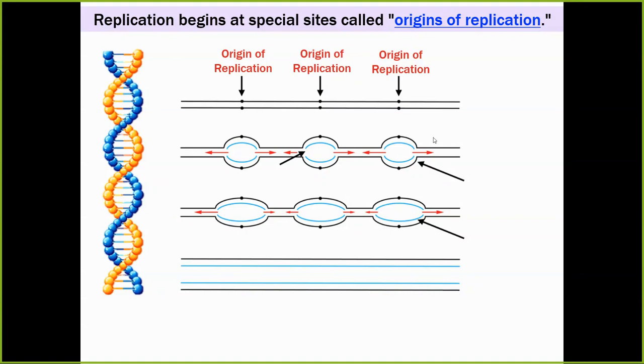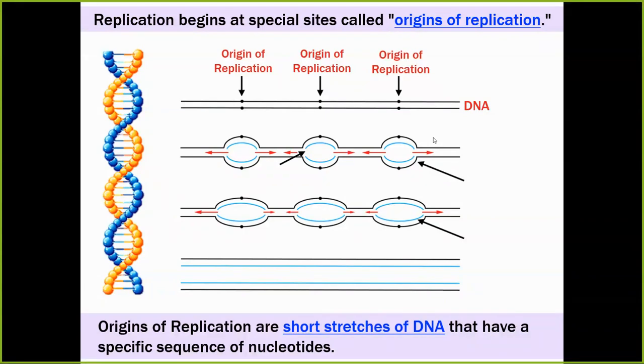What ends up happening at those spots is your DNA, again two-sided, has these little bubbles that form, and those are where we have a specific sequence of nucleotides. As they open up, you can see the blue, that's where they are starting to replicate. So that point where the red arrow is, that is one replication fork.